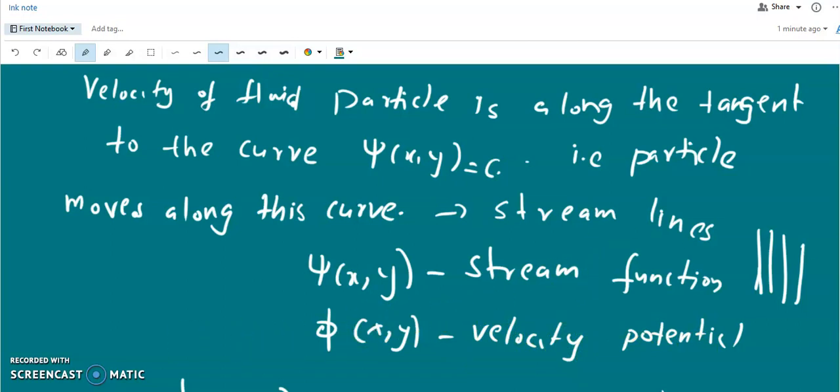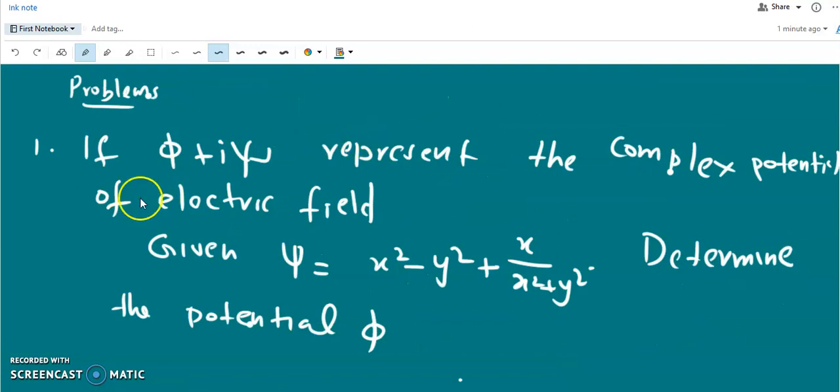So now we can do some problems. The first problem: if phi plus i psi represents the complex potential of an electric field, and given psi equal to (x square minus y square plus x) divided by (x square plus y square), determine the function or the potential phi.